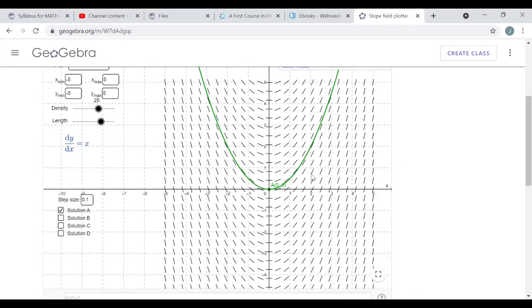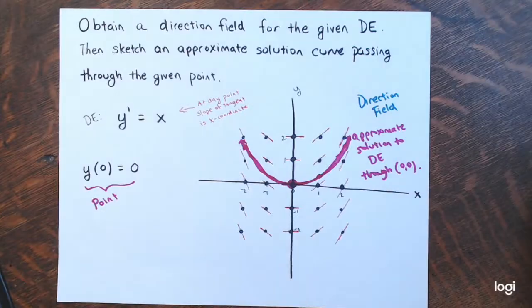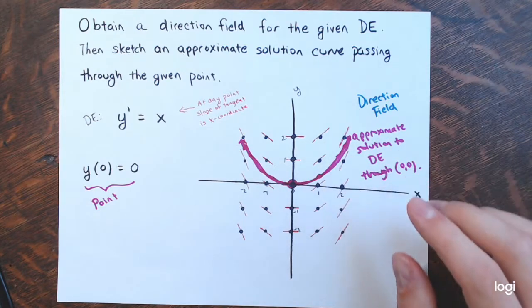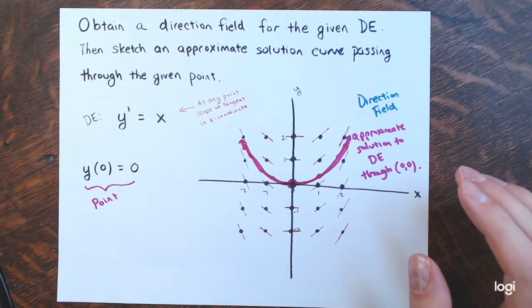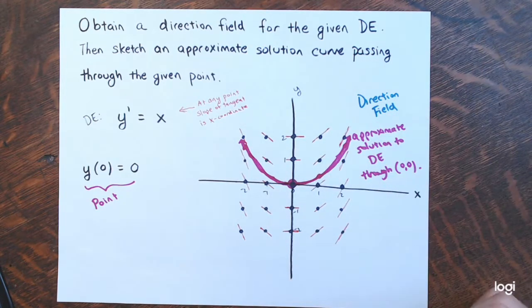You see the parabola shape following these slopes, with a horizontal tangent at 0, 0 as it should. That's what I had when I drew things by hand, but there are a lot more slopes here, and it can be a lot finer and more accurate than your hand drawing.